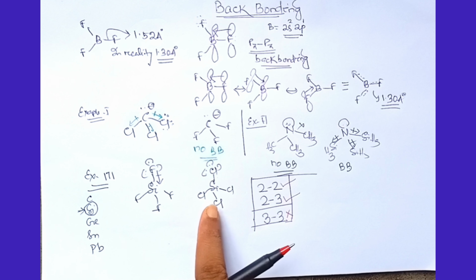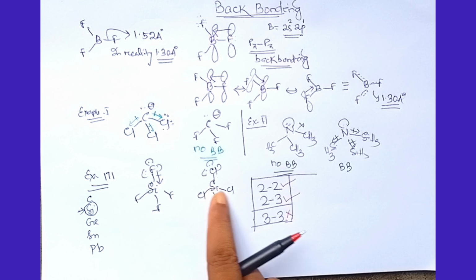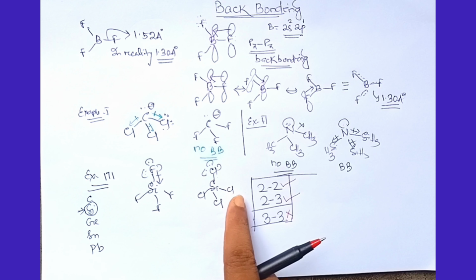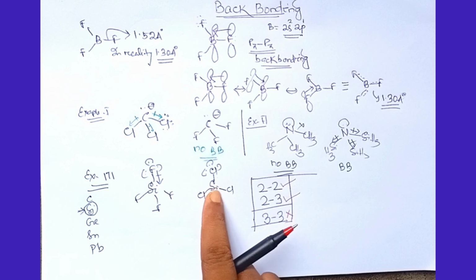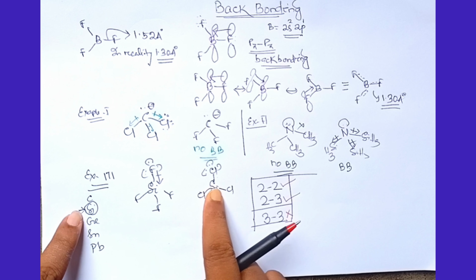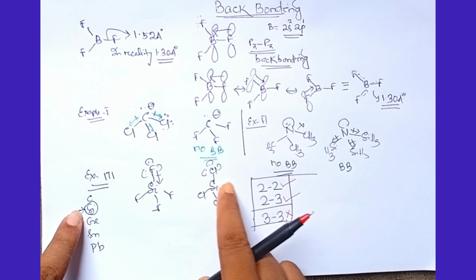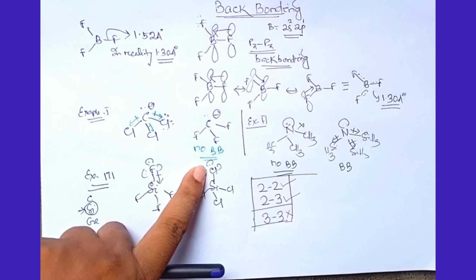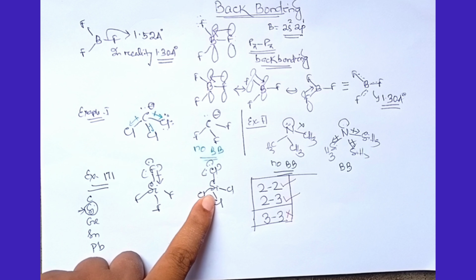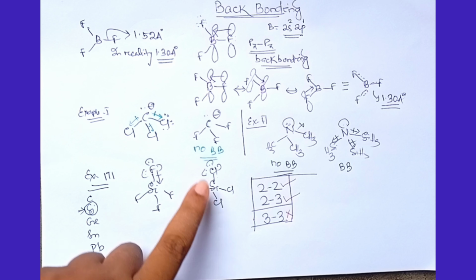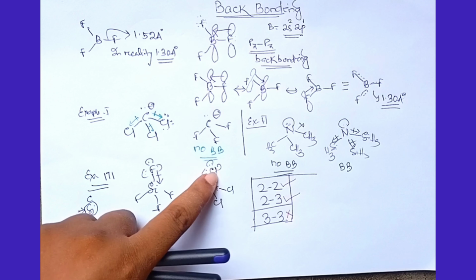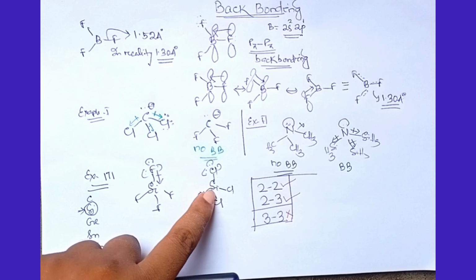Okay, so you look at the example SiCl4, silicon tetrachloride. Silicon also belongs to the third period and chlorine also belongs to the third period. So the lone pair is available over chlorine, and silicon also has the vacant orbital to accommodate the lone pair from the chlorine, but both atoms belong to the third period.